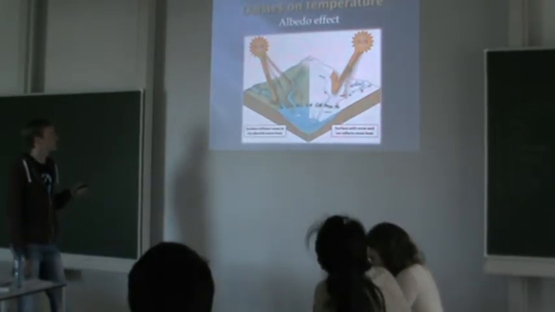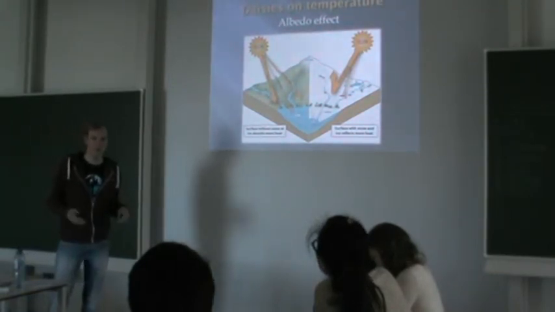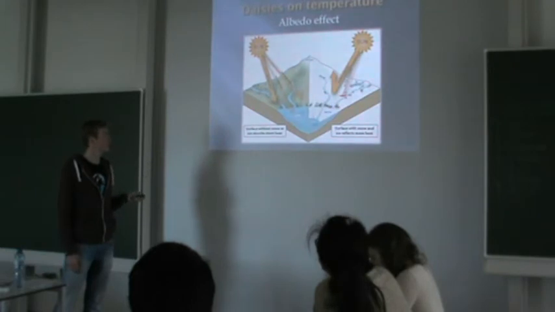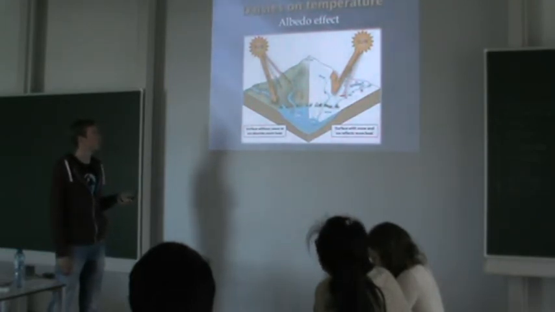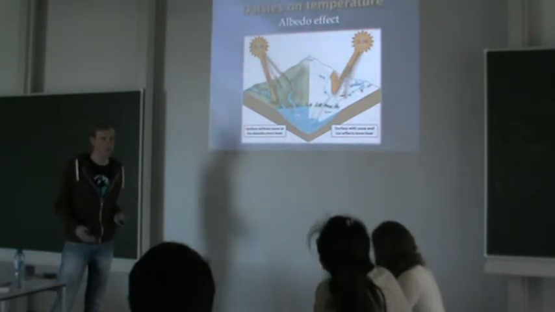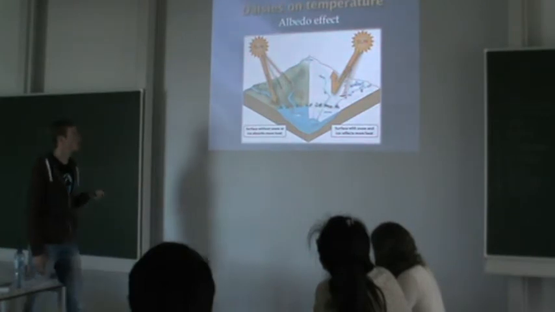And if you have a dark surface, most is absorbed. In the case of Daisy World, the dark soil absorbs lots of energy, so it causes heating of the planet, while the daisies, which are white, reflect most of the energy coming from the sun, and therefore cause a cooling effect.